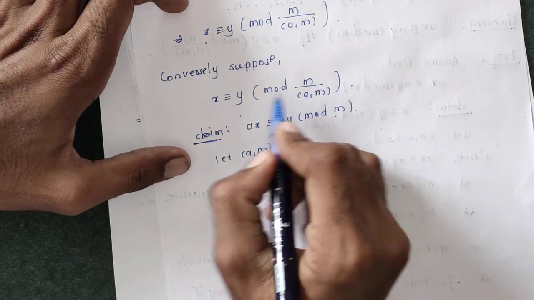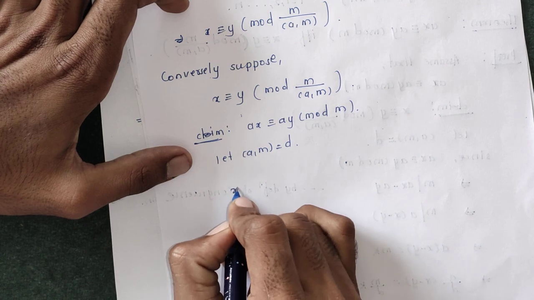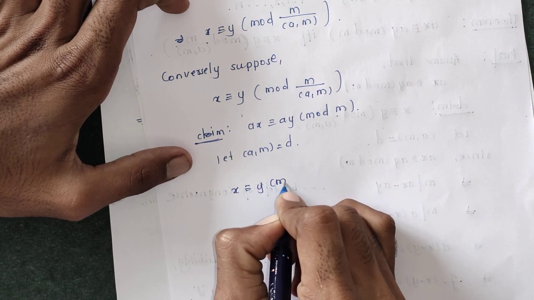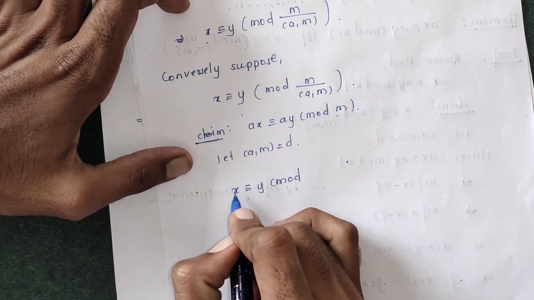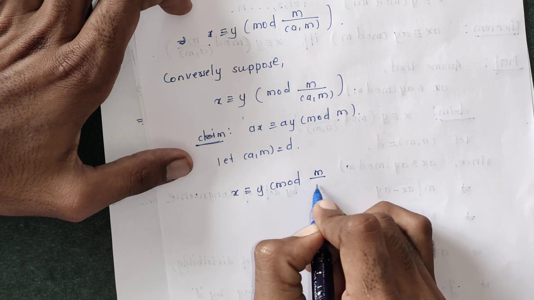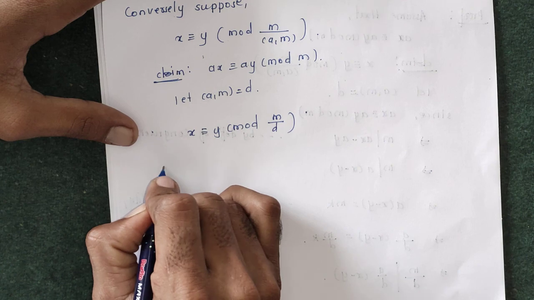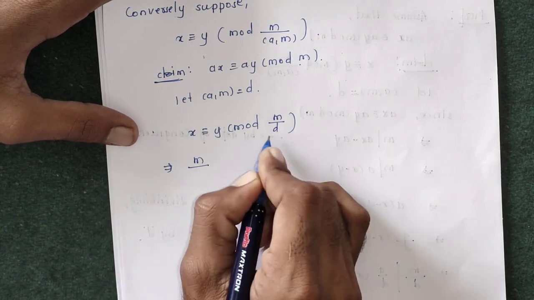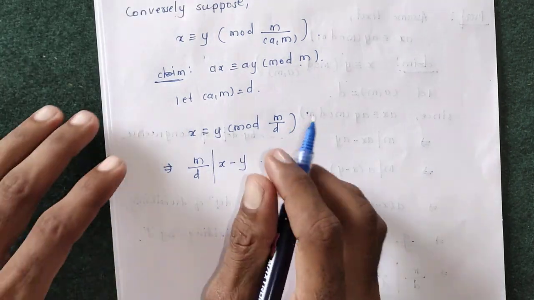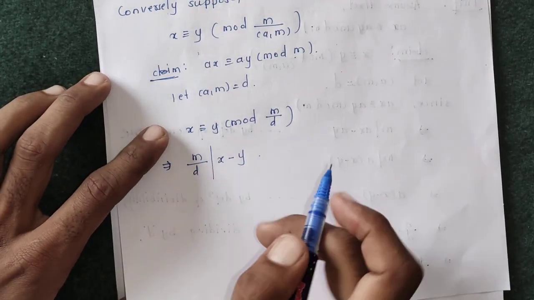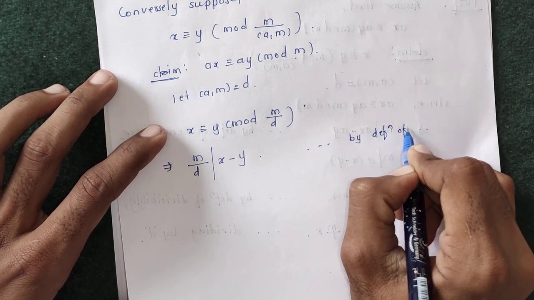So x is congruent to y modulo m upon GCD of a and m can be written as x is congruent to y modulo m upon d, since d is GCD of a and m. By using definition of congruence we can write it as m by d divides x minus y.